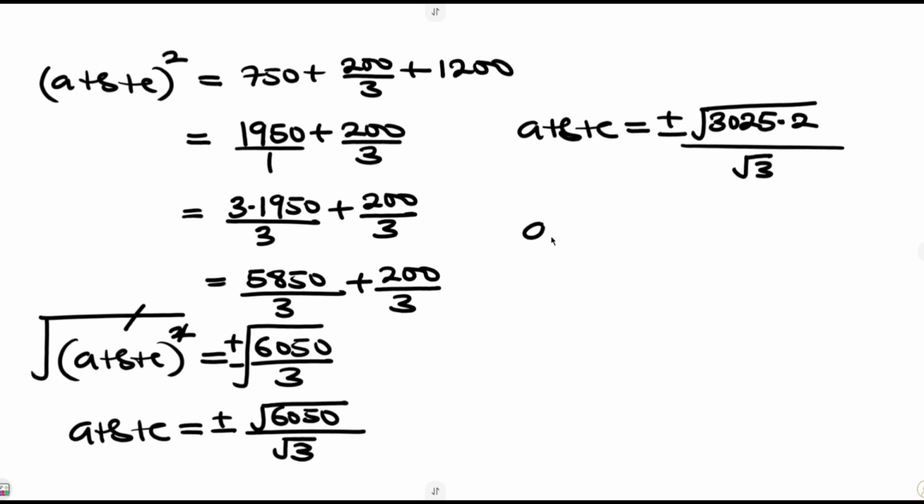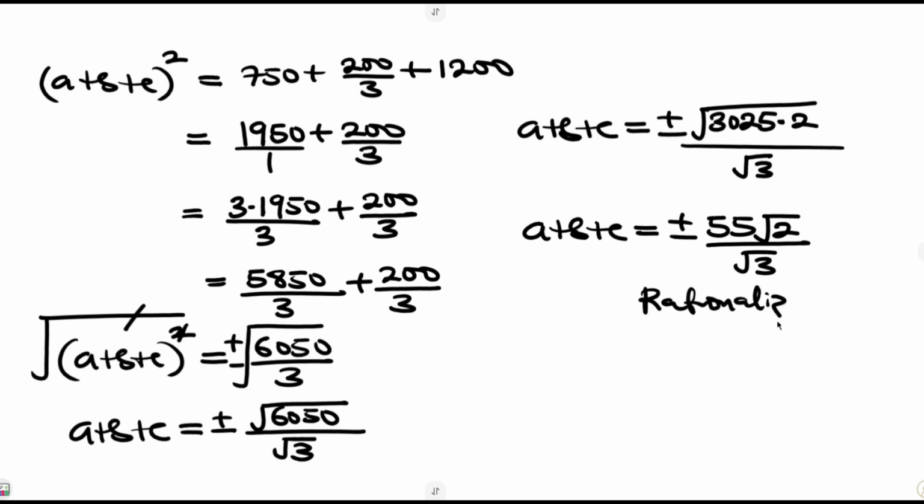So this becomes a plus b plus c equal to plus or minus. Now the square root of 3025 is actually 55. And since 2 is not a perfect square, we leave it inside of the square root, all over the square root of 3. Whenever we have an expression with a square root inside of a denominator, we rationalize.